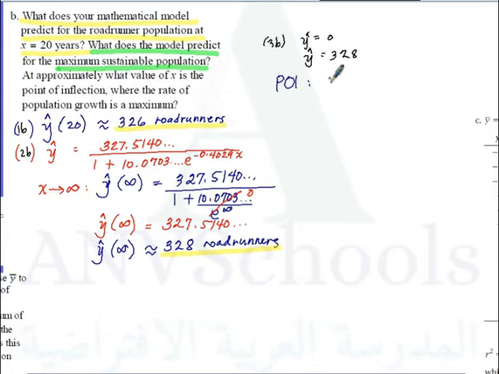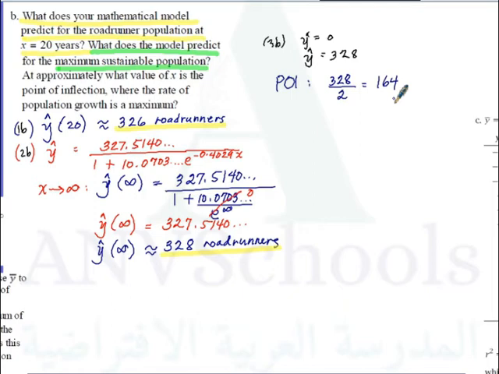So we have 328 divided by 2, which is 164. That's the y value of our point of inflection.